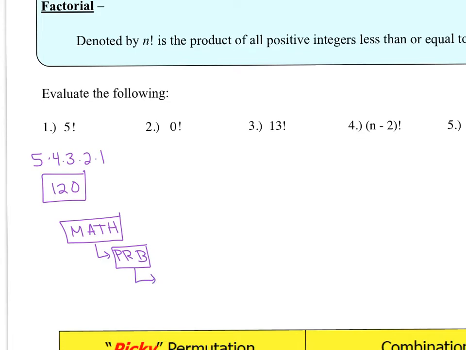And then the factorial symbol is number 4. So if you type in 0 factorial, you actually only get the number 1.